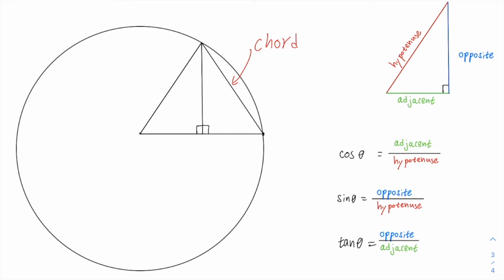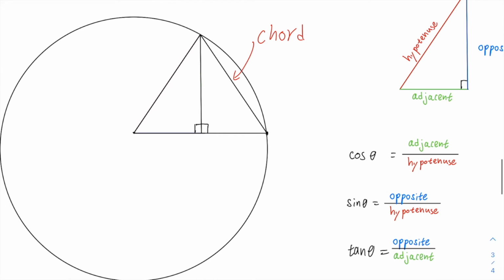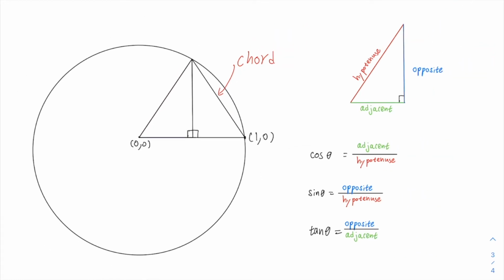So noticing this circle is a unit circle, which means we can put this point here as 1, 0, and the radius or the length in here is 1.